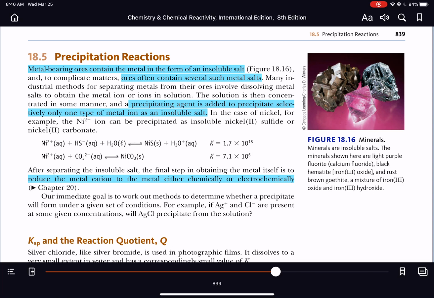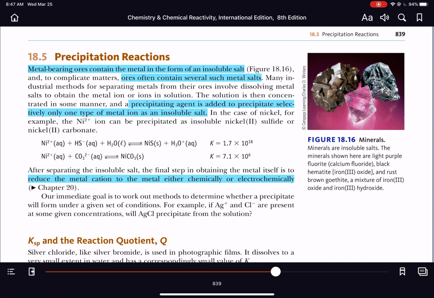And one of the ways that we get these metals out is by using what we call a precipitating agent, something that will help to precipitate the metal ion out as an insoluble salt.